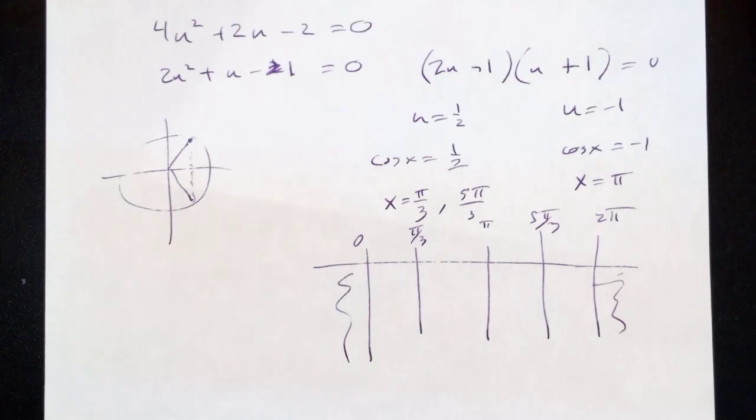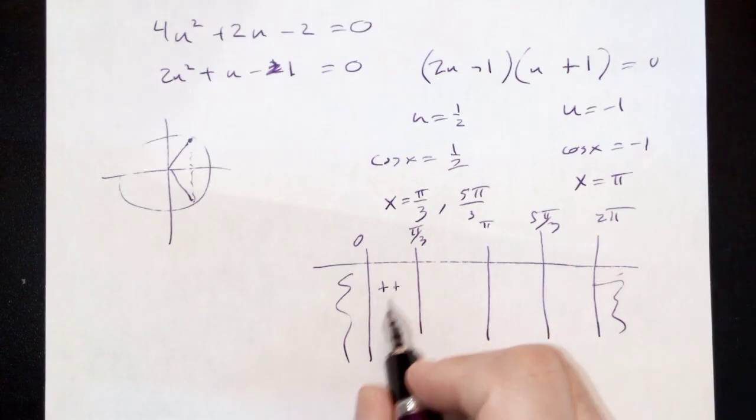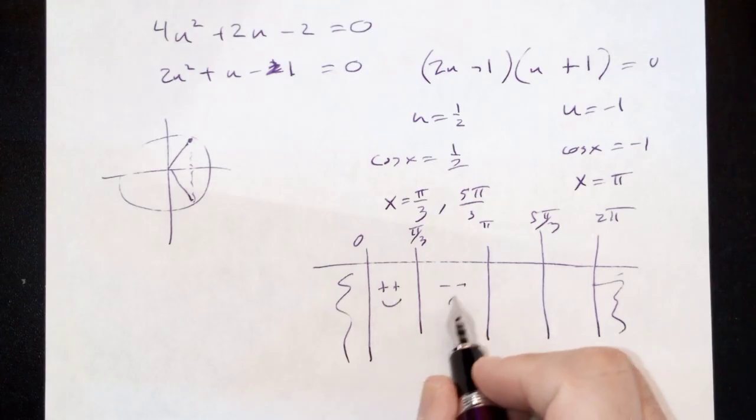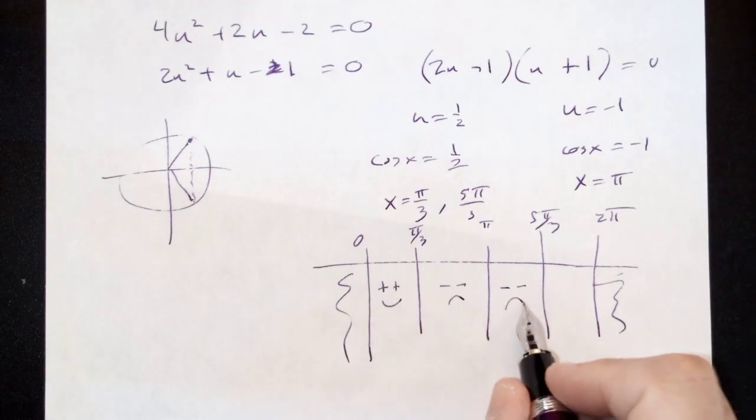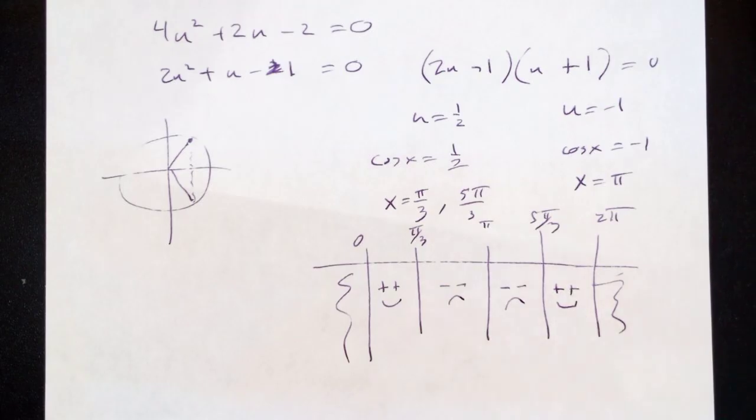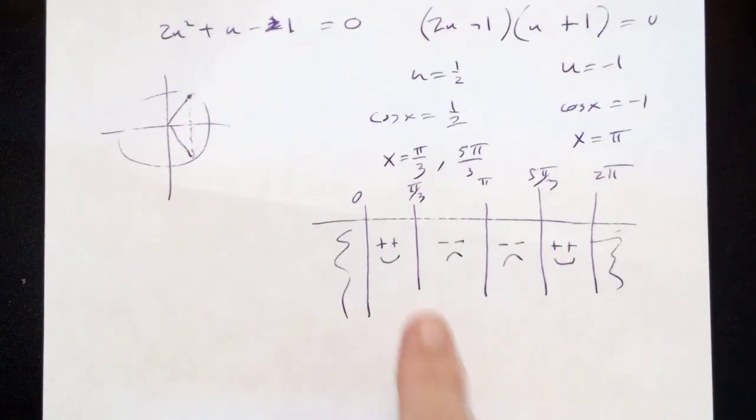Because when I do this sign chart, these are not all inflection points. We change from concave up to concave down at pi over 3. We change from concave down to concave up at 5 pi over 3. We do not change concavity at pi. So we only have 2 inflection points.